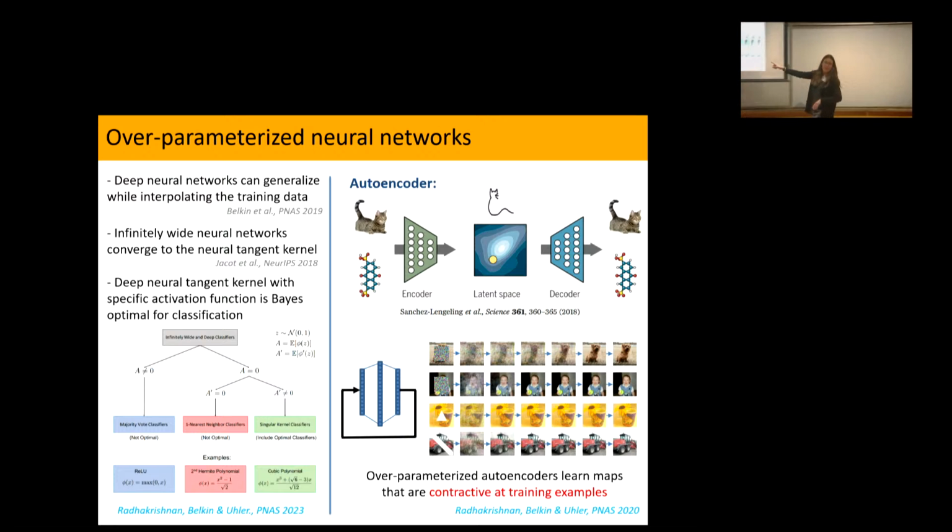But why is it a good thing? Well, if you have your training example somewhere, and I give you a test example that is close to a training image, you definitely don't want that to be mapped to something very far away, because you're pretty sure about how the manifold looks close to your training images. This is what this says. If I give you something kind of close by, you will be mapped a little bit closer to your training image, but minimally closer.